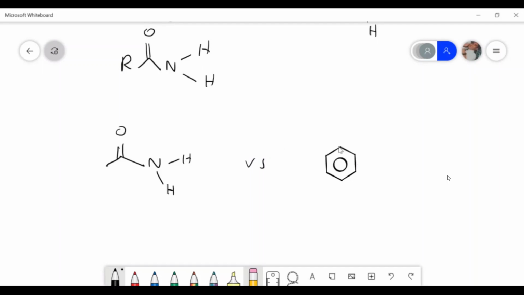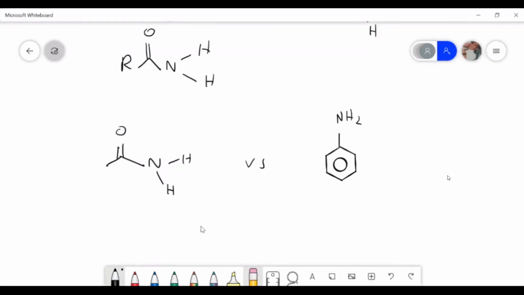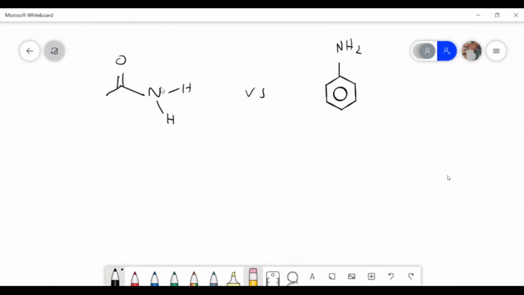Now, most of the time, when you need to compare the extent of delocalization, you have to look at the different possible resonance structures. So in this case, if I form a double bond, because it's being delocalized, I would have to push up this electron pair over here. So what's happening is that we form something like this instead.